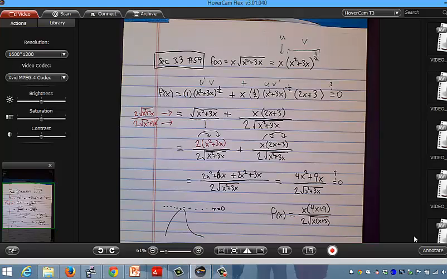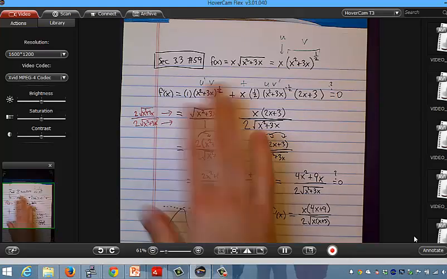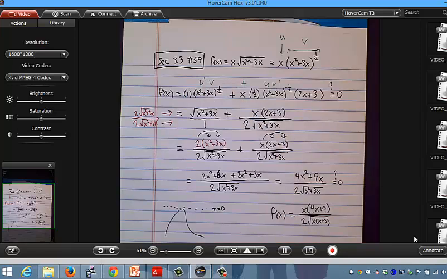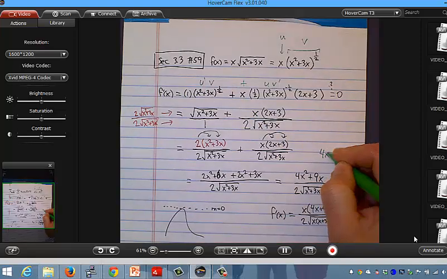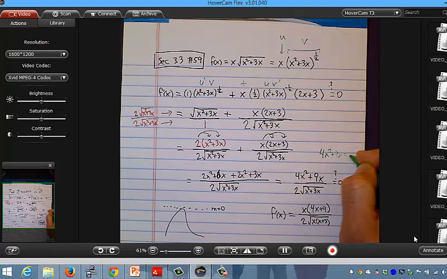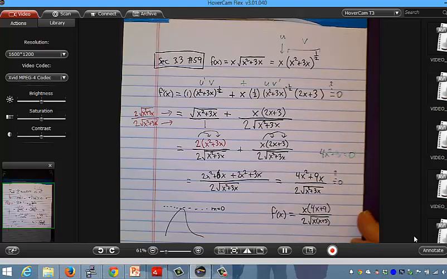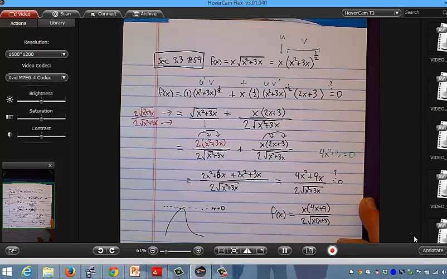The way to make a big fraction equal to 0 is you make the numerator 0. Are you with me? So really, you do all this work. All it really comes down to is, can you solve the equation 4x squared plus 9x equals 0? If you can make the numerator 0, then you'll know where the critical values are, the places where we might have a maximum.